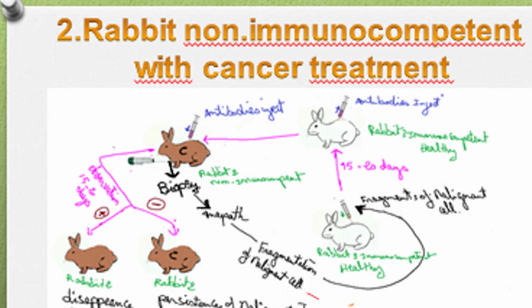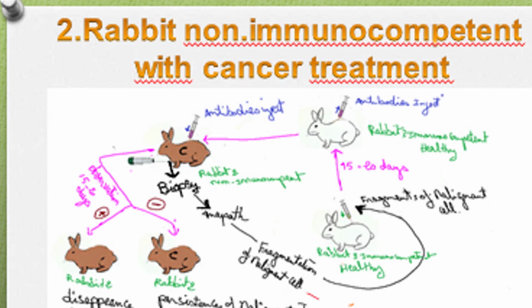Then we inject the fragment of malignant cells into another rabbit, rabbit 3, which is immunocompetent, healthy, non-cancerous. We leave our rabbit 3 under observation.